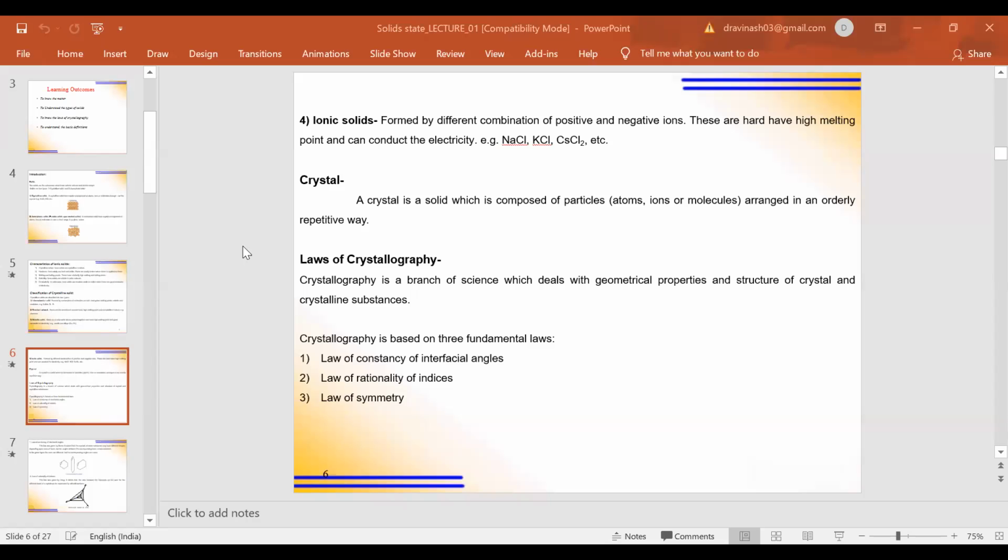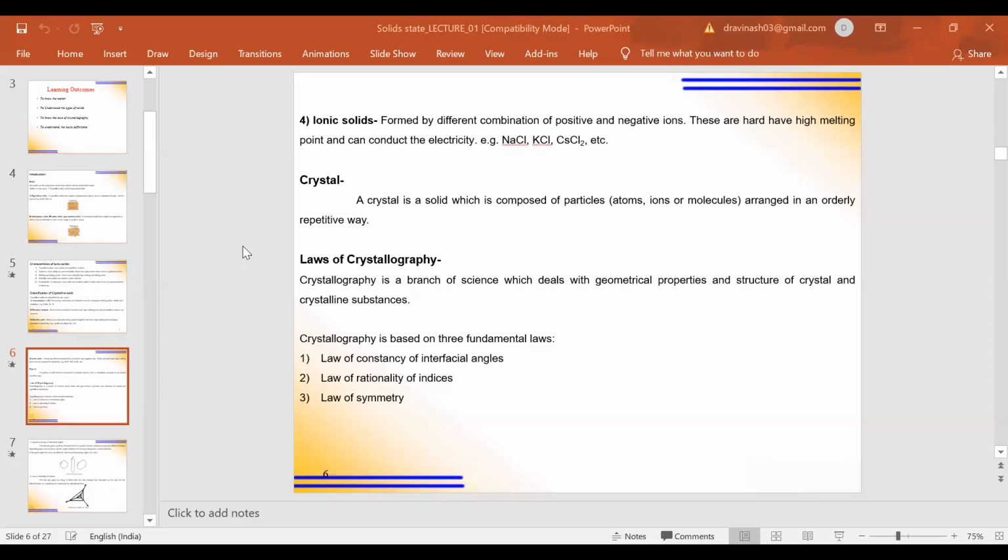The second definition we understand is sites. Sites mean the positions of ions or atoms or molecules in the crystals. So the position occupied by the points or particles in a crystal or crystal lattice is called lattice sites or lattice points.